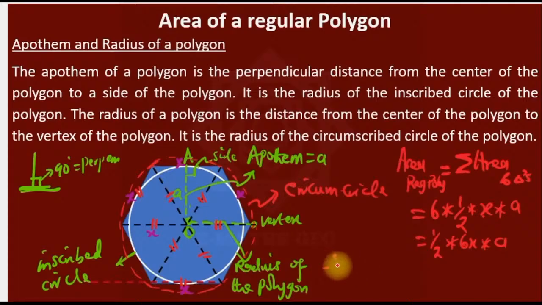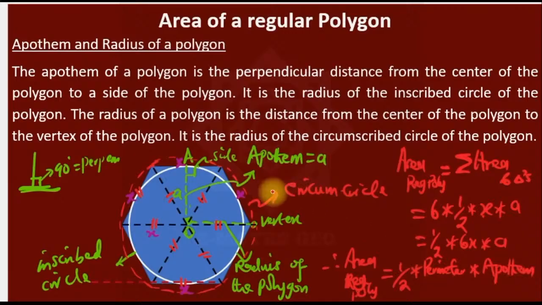So I can now say that the area of a regular polygon is equal to half times the perimeter times a, which is the apothem. So we've gotten the formula for the area of a regular polygon: half times the perimeter times the apothem. I used a hexagon so that you can easily visualize that. Even if you use any other polygon, it's still correct.